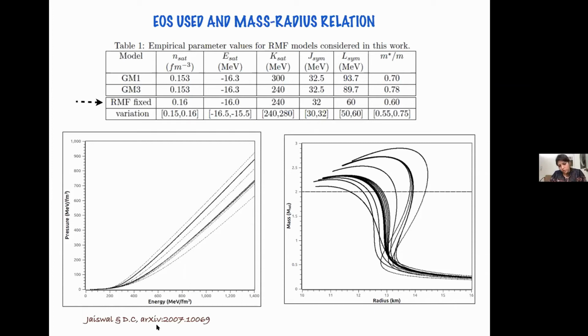I show you here the uncertainty band in the pressure-energy density relationship due to this uncertainty in the nuclear saturation properties, and the corresponding mass-radius plot.